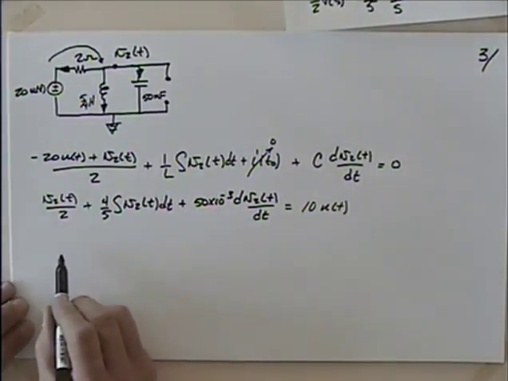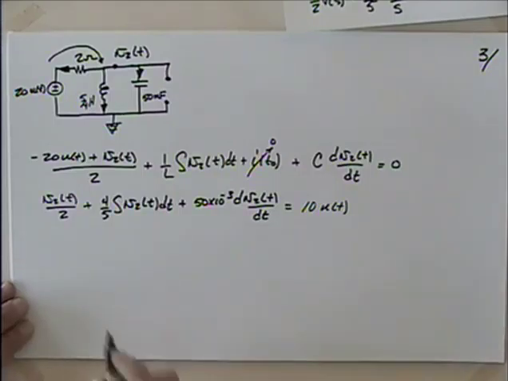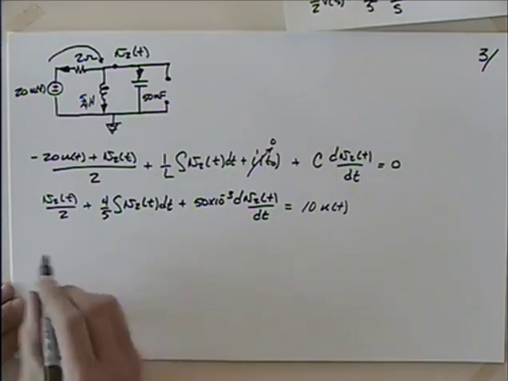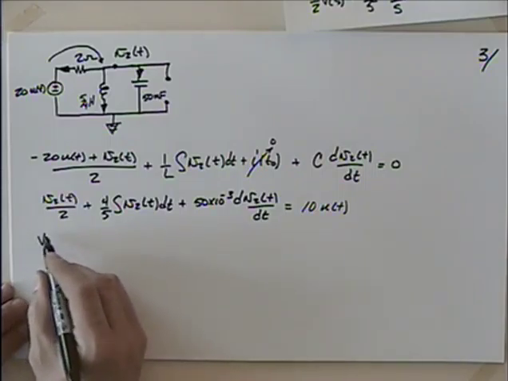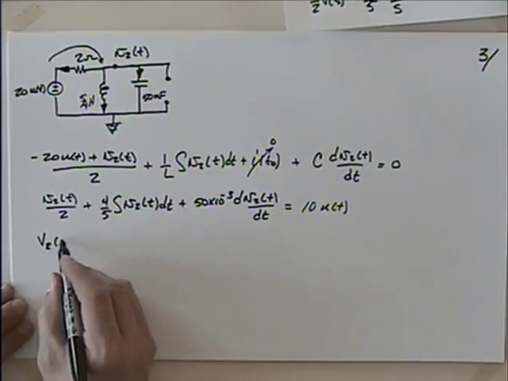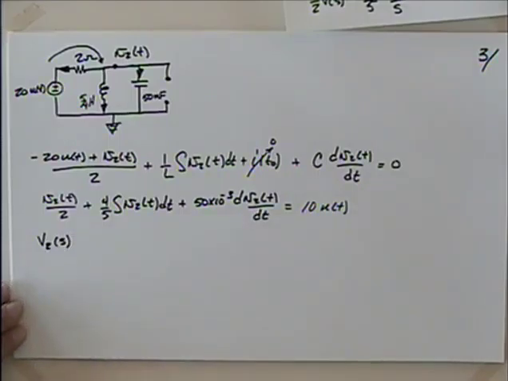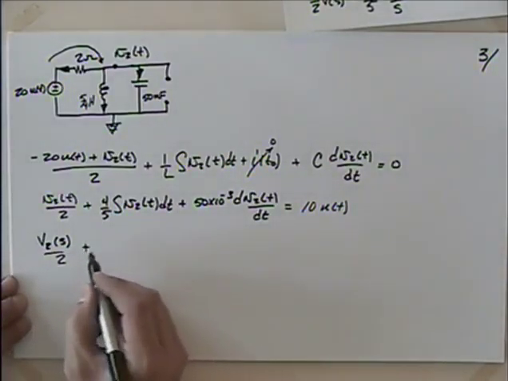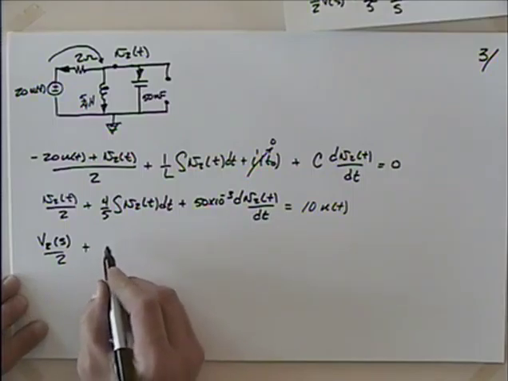So I think I'm ready for the Laplace transform, right? I'm going to have what? Maybe I should say this is V2 of S. We didn't say the other one was V1, probably should have, but I'll distinguish this. I'll say it's V2 in the S domain over 2, plus what am I going to have here?